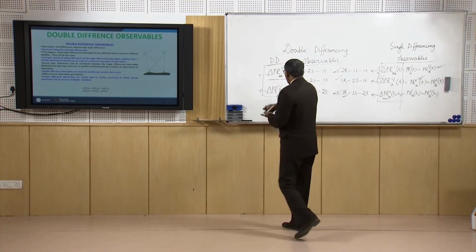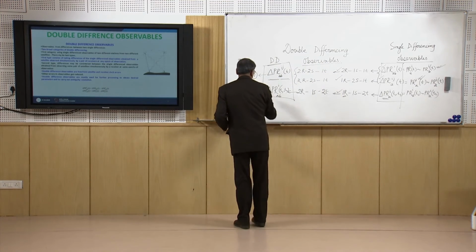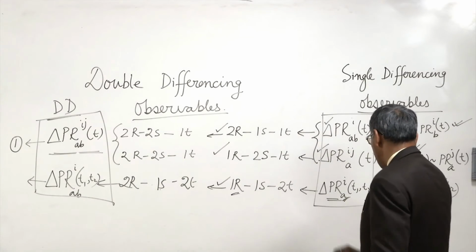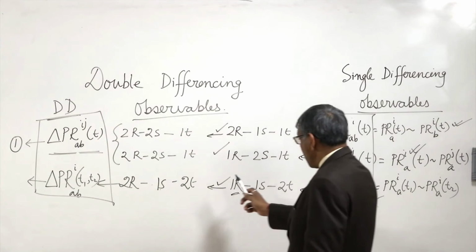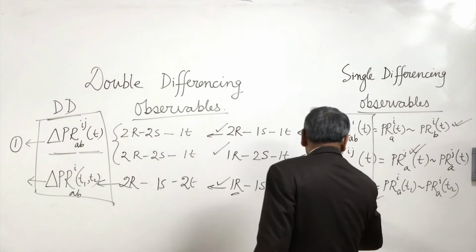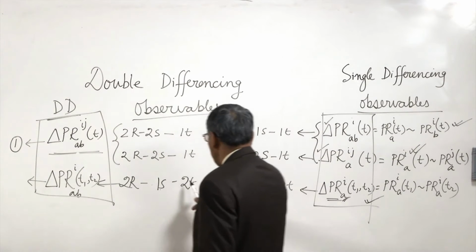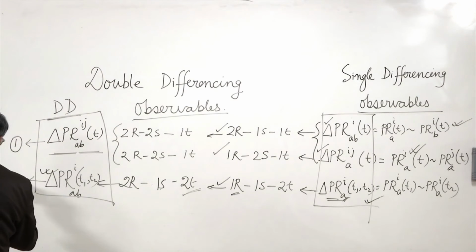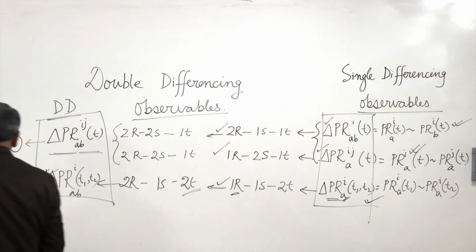This is one category, and another category is that we are taking this single difference observable which is taken for a single receiver, and if we take it for another receiver for the same satellite for two epochs of time, we will end up with this double difference observable, and this is the second category.